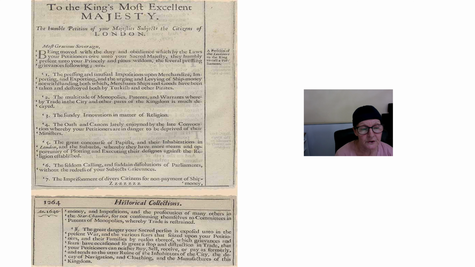Now, the New Zealand Maori, this is the example. Everything that these missionaries did to the New Zealand Maori, they already did it in England. They took over all the ports, and it says the sundry innovations in the matter of the religion.